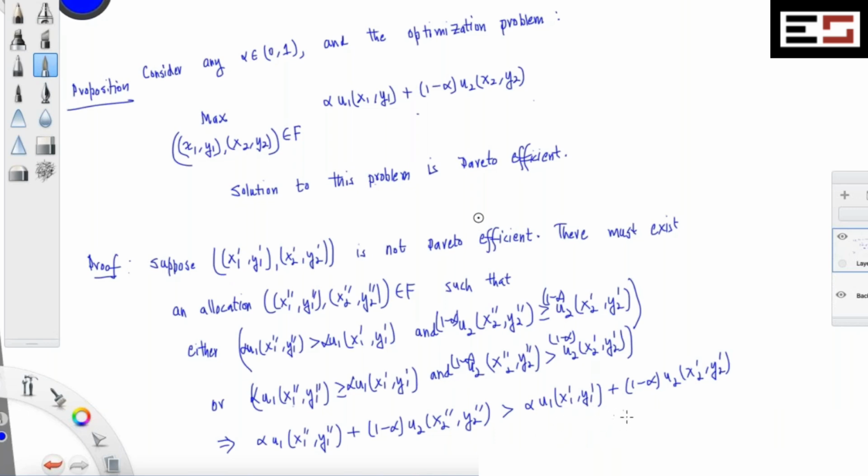Okay, no matter what value of alpha you consider, for all values of alpha between 0 and 1.